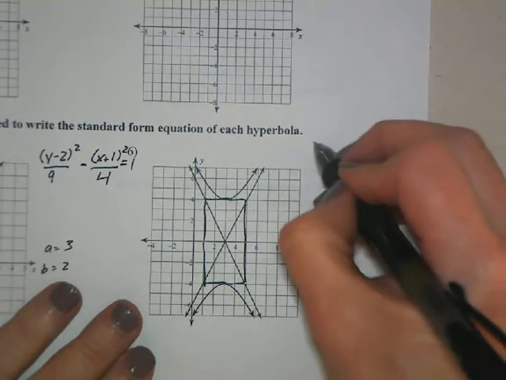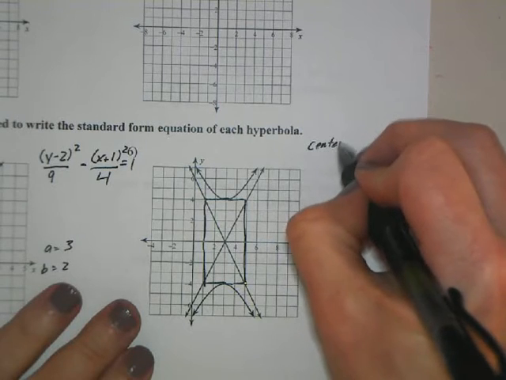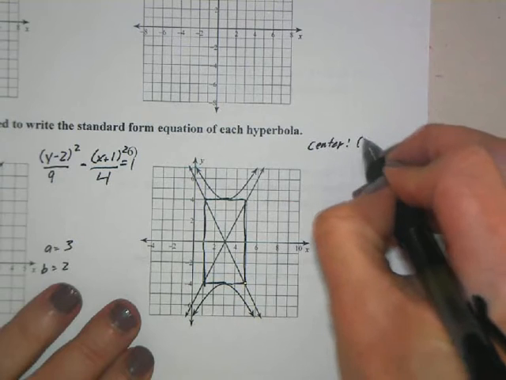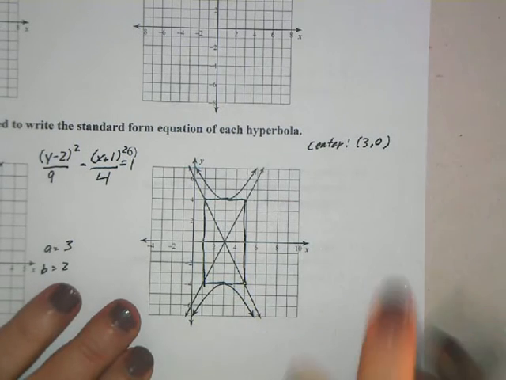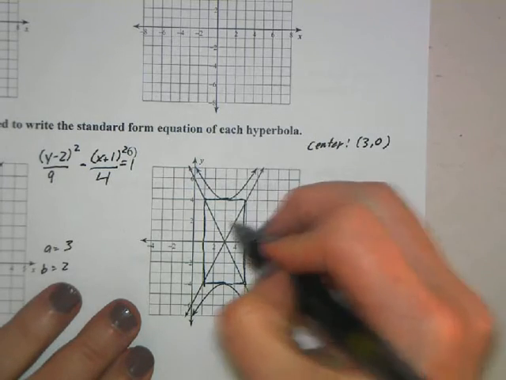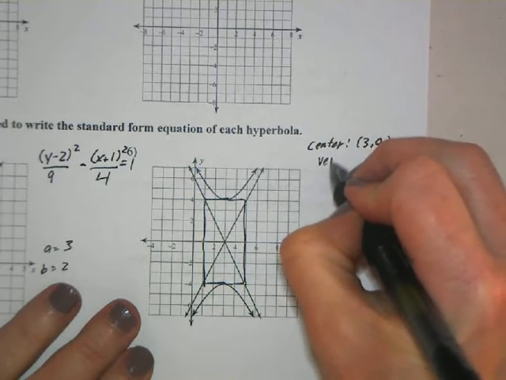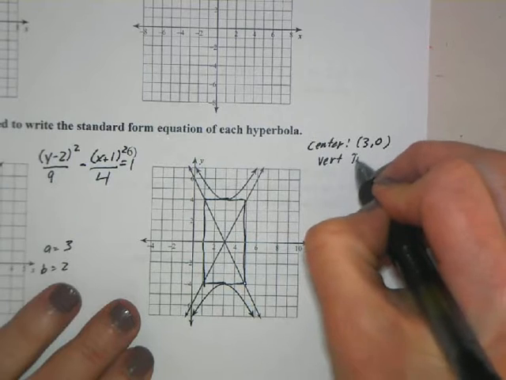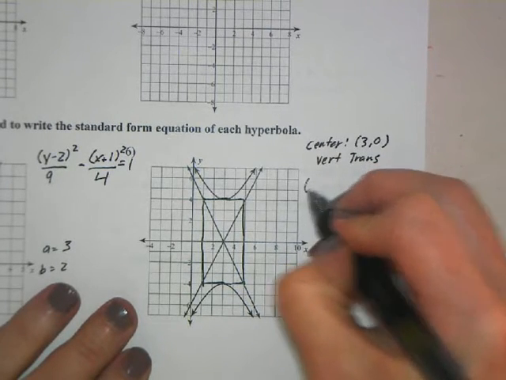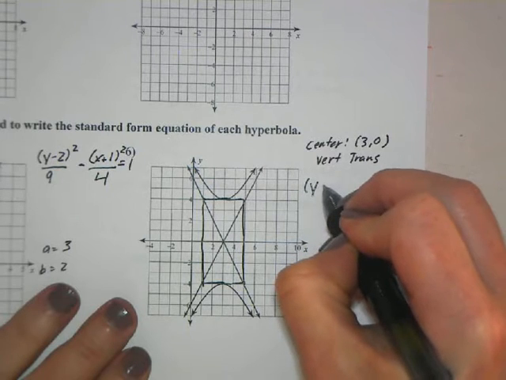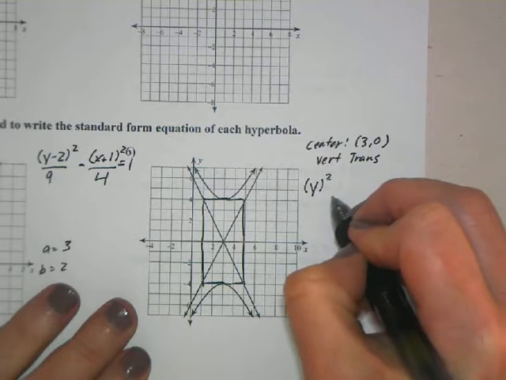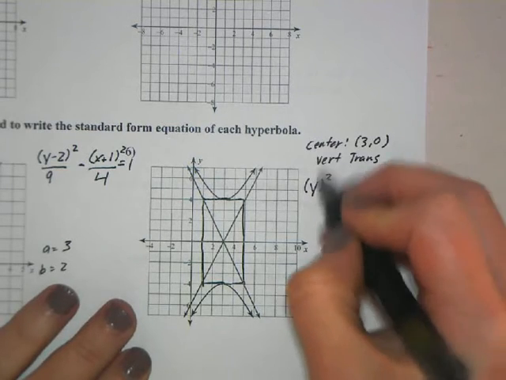Okay, so here the center is at 3, 0. It's a vertical transverse axis, which means the Y values go first. So are we going to have to state if it's vertical or horizontal? Well, you have to know that to know which comes first.